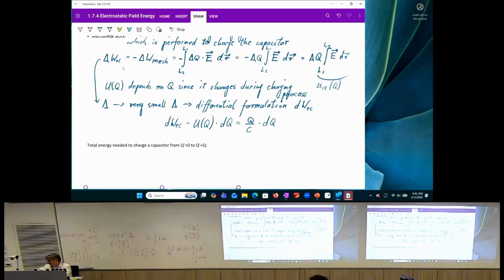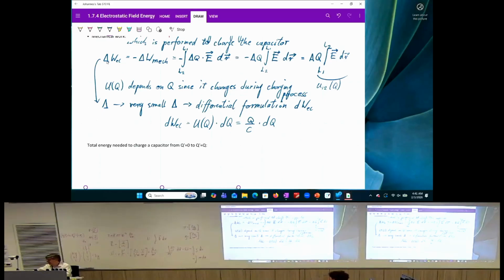At the same time, we also feed energy into the system, and we are up to figuring out how much energy is being put into the capacitor. All the energy that we put in will eventually be stored in the capacitor in terms of electric energy.